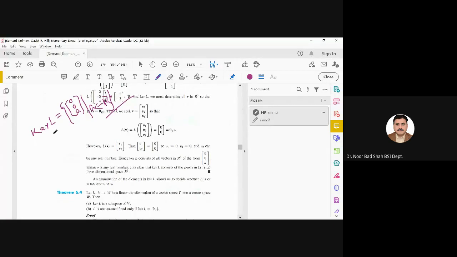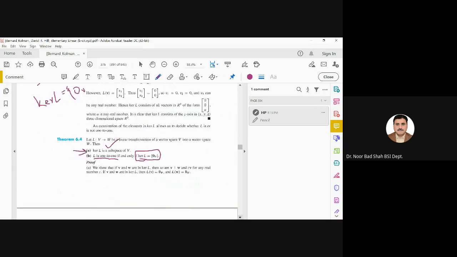The kernel of L contains elements of V, so the kernel of L is a subspace of V. If the kernel of L contains only the identity element, then we say the transformation is 1-1. From this theorem, you can see that the kernel of L is a subspace of V, whereas L is 1-1 if and only if the kernel of L contains only one element.